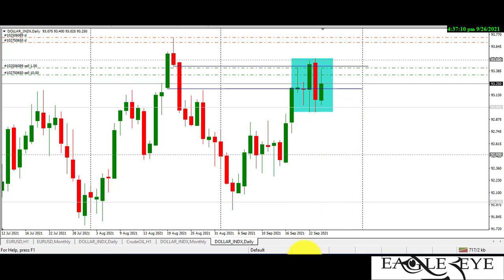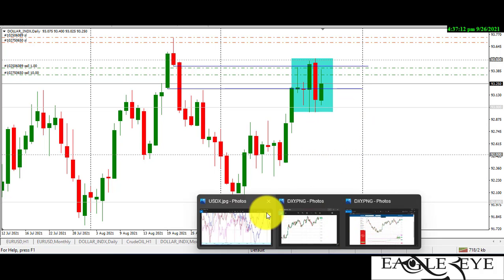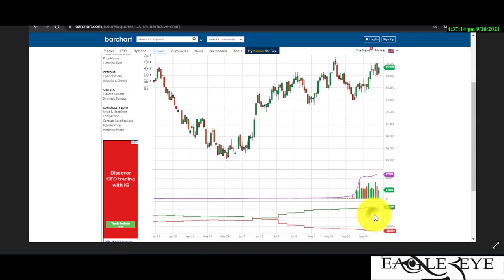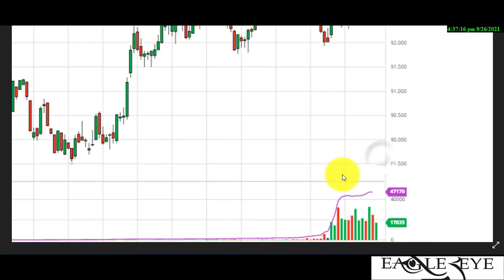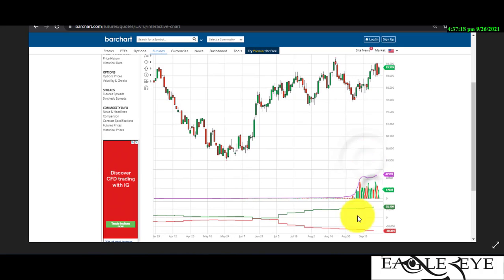So let me see the dollar index. Yes, this is the commitment of traders report. The commercials are very bearish, they are just selling into this rally.